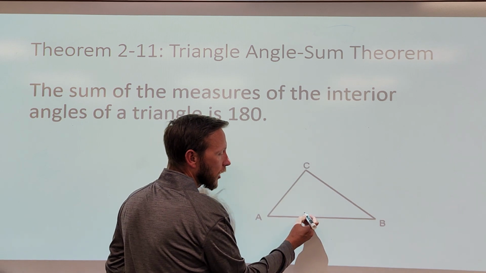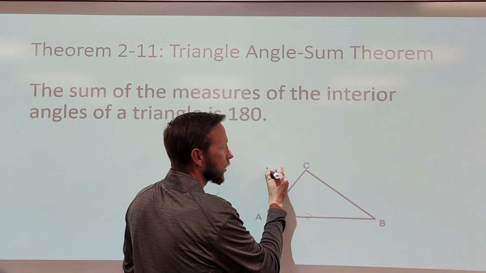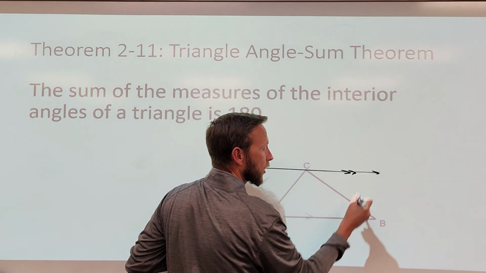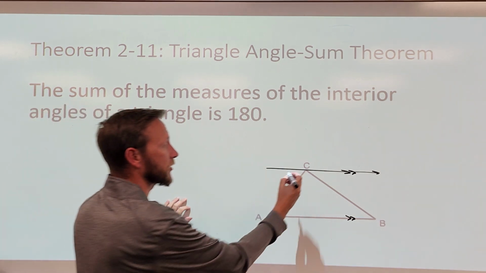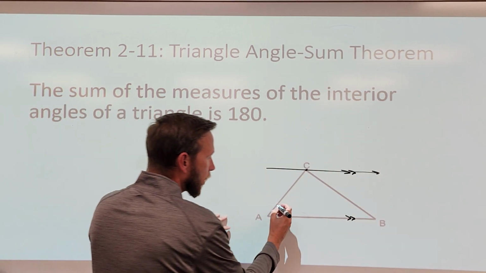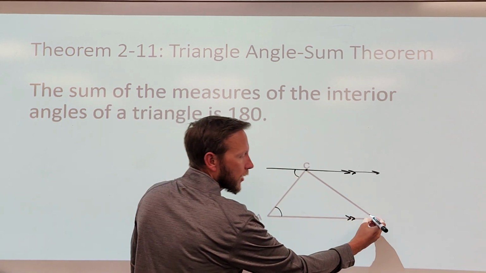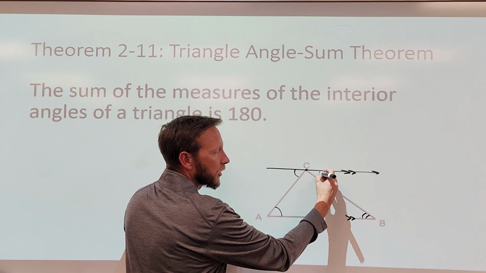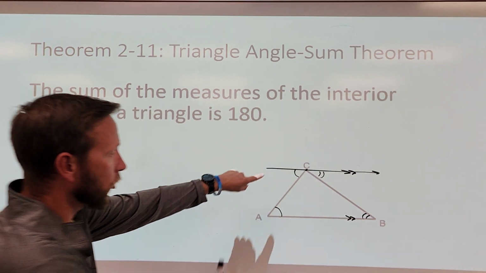If I were to draw a line through point C that is parallel to line AB, so that I get parallel lines, parallel to line AB, but through point C, I would be able to show that the angle at A is congruent to this angle by C, and this angle at B is congruent to this angle at C. All right, those are alternate interior angles, so they're congruent.